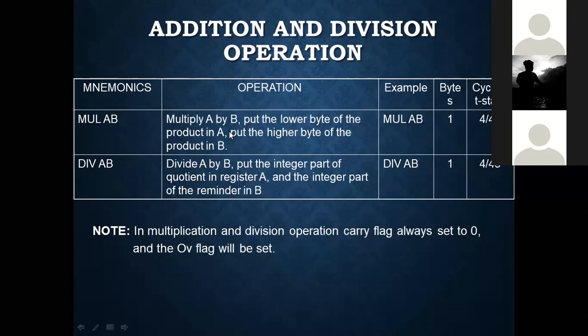Before the instruction, if the A register contains EEH and the B register contains 11H, after the instruction, EEH is divided by 11H, and suppose the result is PPQQ.